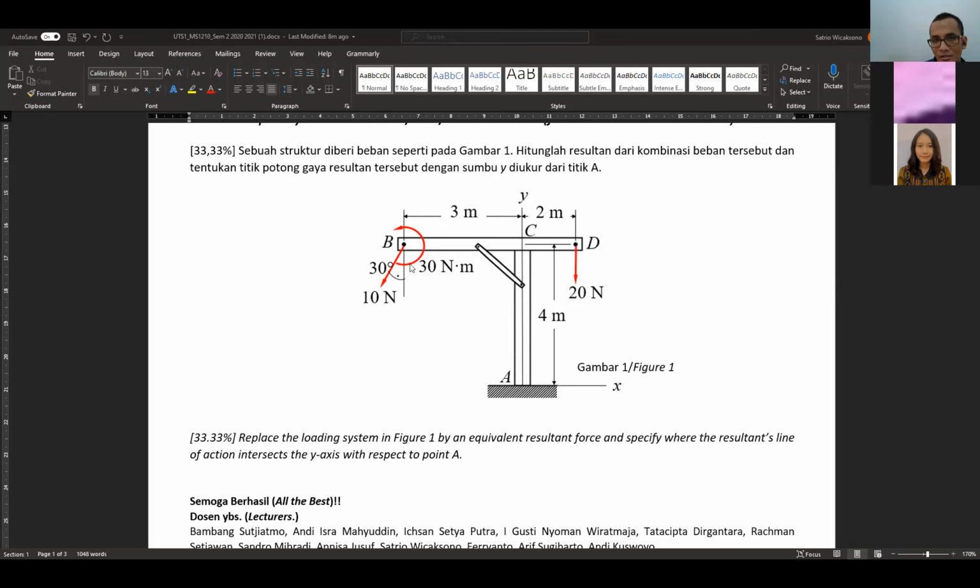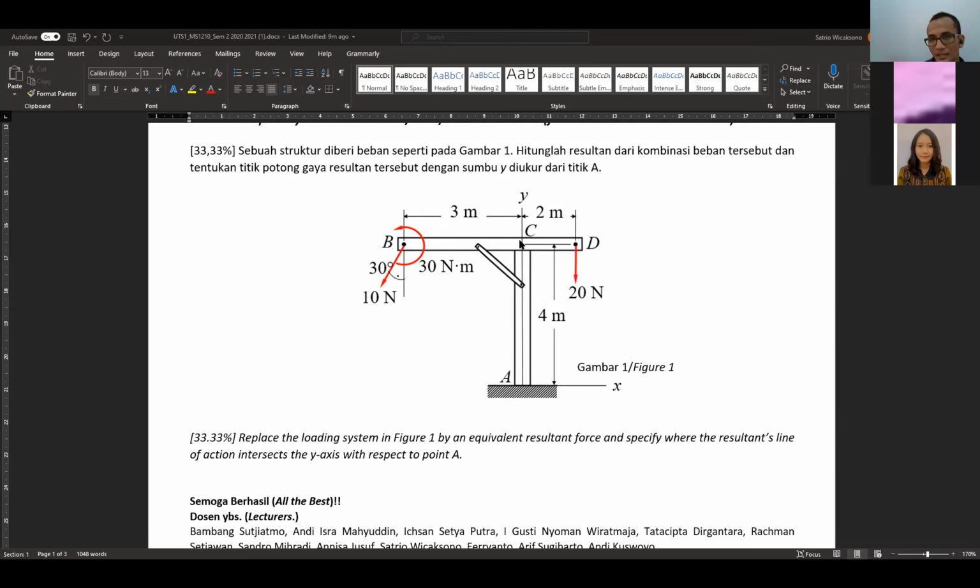You can also move the force from point B to point C, the same point as before. While doing that, you will create a couple as well.